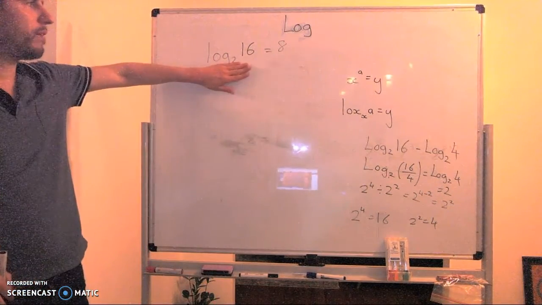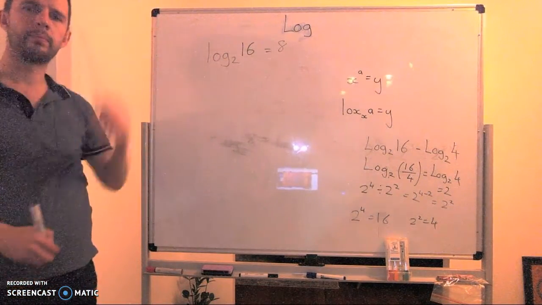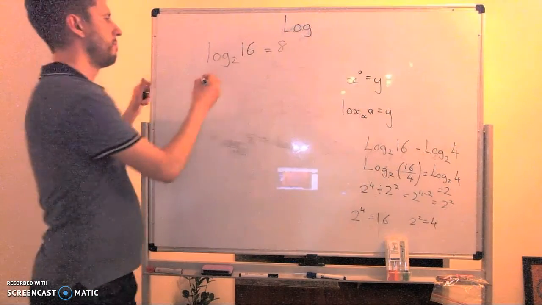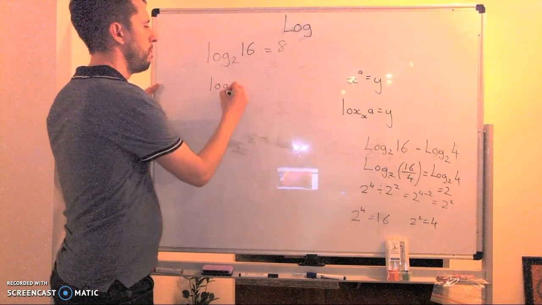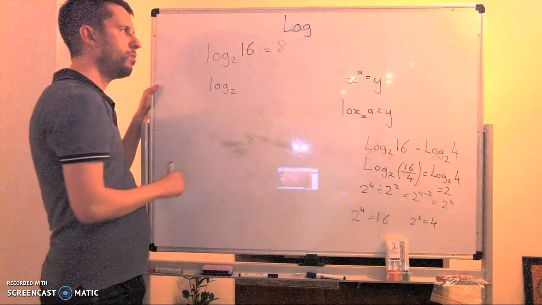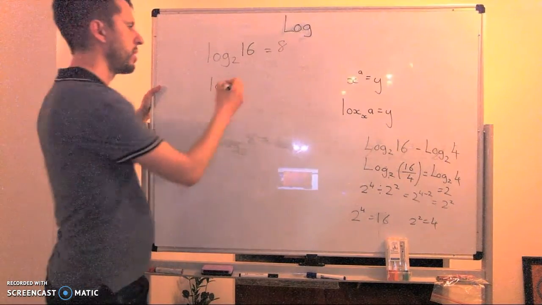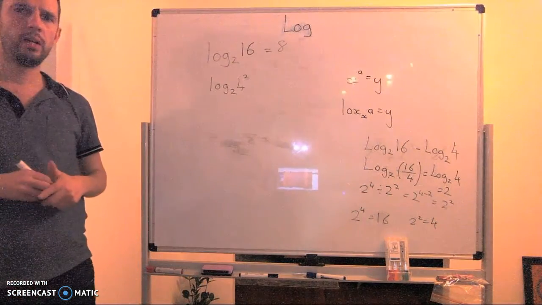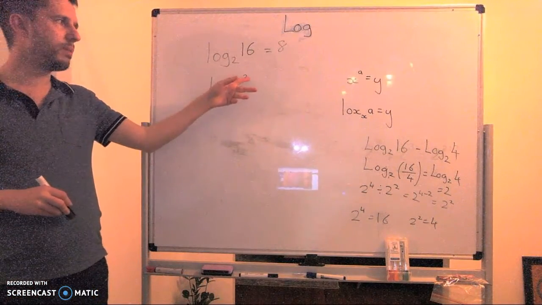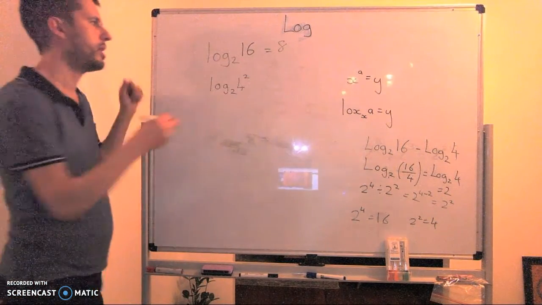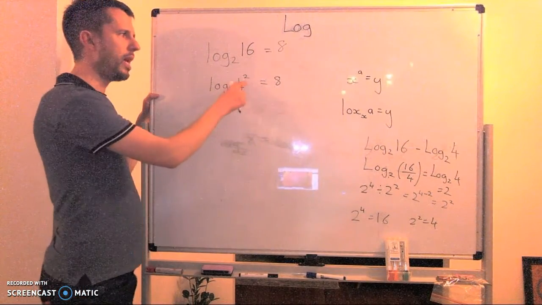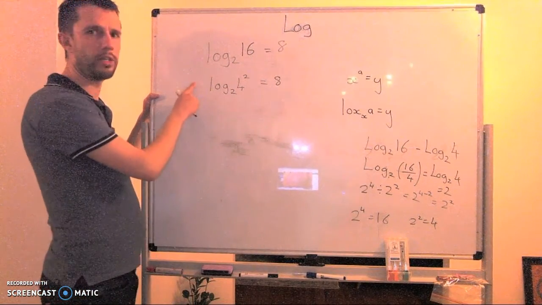I want us to really focus on this relationship because we are able to break this 16 down by really looking at, well, 16 is the same as 4 to the power of 2. So I'm making it simpler, but that means I've also got an exponent here. So let's have a look at this. That means this 2 will be going on to the outside.